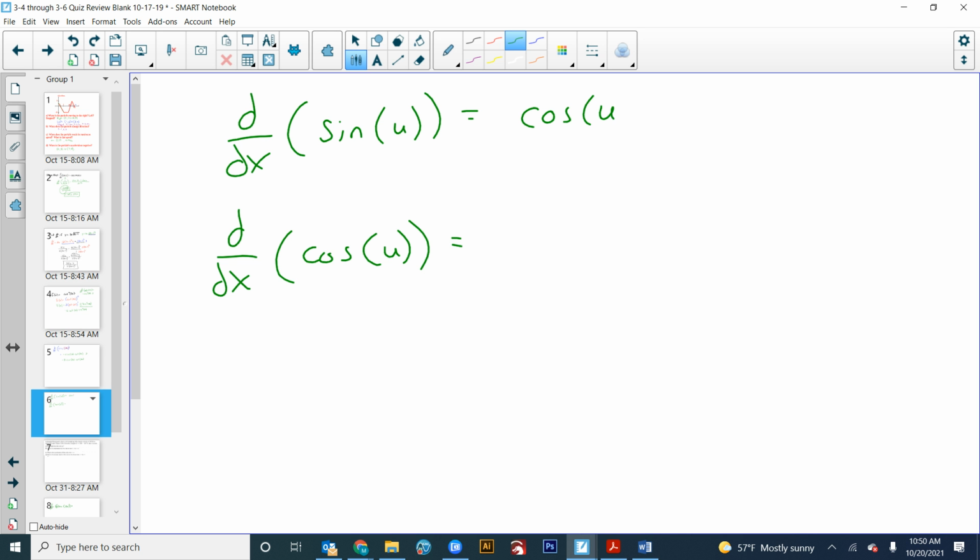Leave the inside alone. Times the derivative of the inside. What's the derivative of u with respect to x? U prime of x or du dx. Thank you, Kyler. du dx. Do you understand that? What's the derivative of cosine of u? Negative sine, leave the inside alone, times du dx.